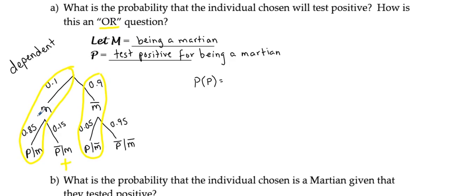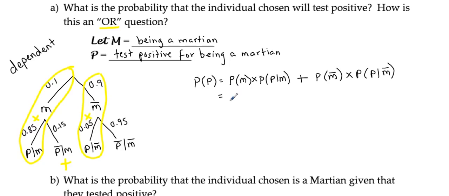You can be a Martian and test positive, or you can be a human and test positive. So our two cases would be being a Martian and testing positive given that you're a Martian, or you could not be a Martian, which means you're human, and you test positive for being a Martian even though you're human.